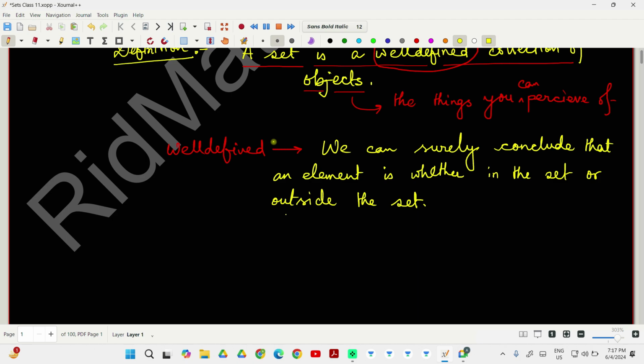If you are given an element, you can surely tell that either that element will be in the set or that element will not be present in the set. Both cannot be true. That means the element cannot be in the set and simultaneously not present in the set. These both cannot happen. Okay, this is the meaning of well definedness.